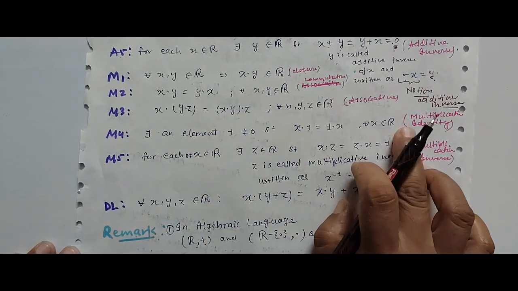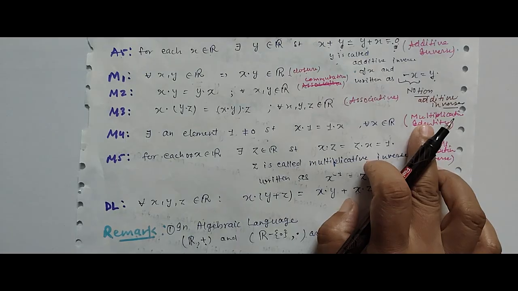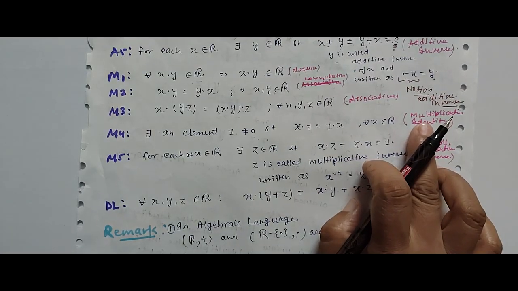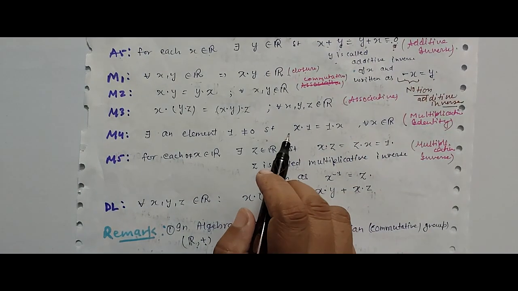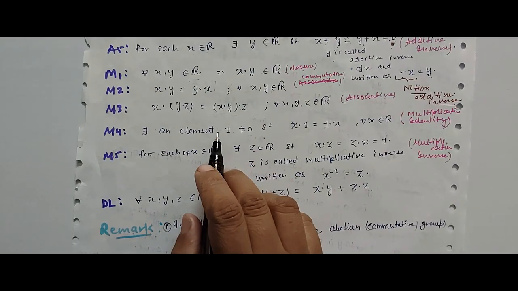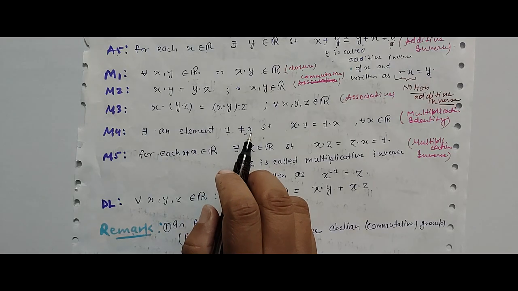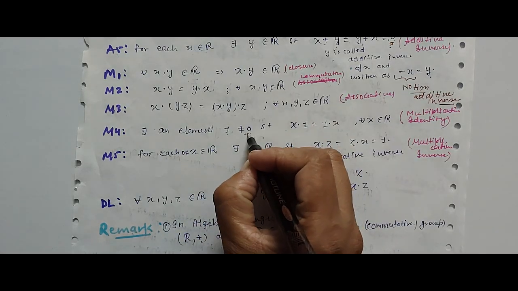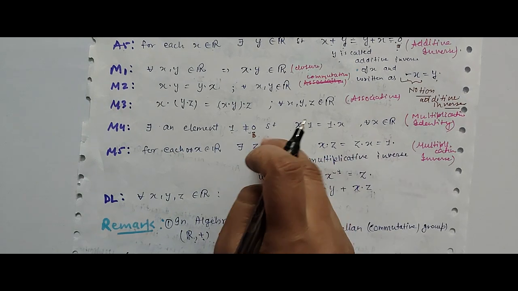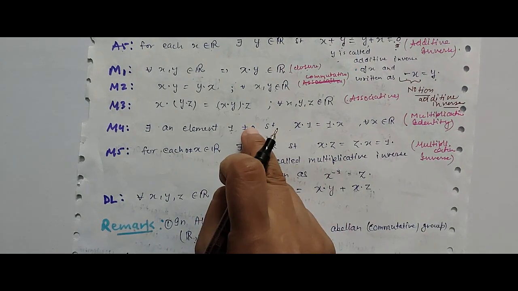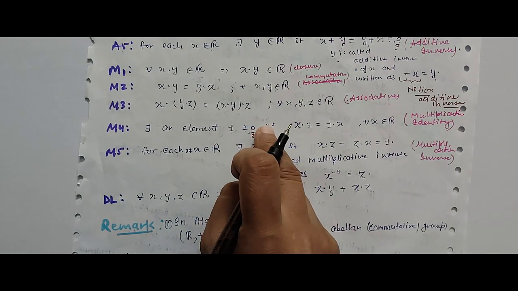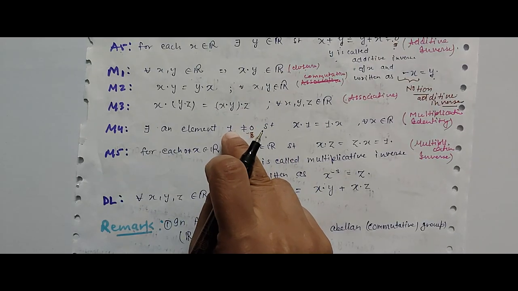Then there is the multiplicative identity. Multiplicative identity means for all elements x in R, there exists an element denoted by 1, which is not equal to the additive identity 0. This 1 is not simply the number 1, it is the notation for the multiplicative identity.